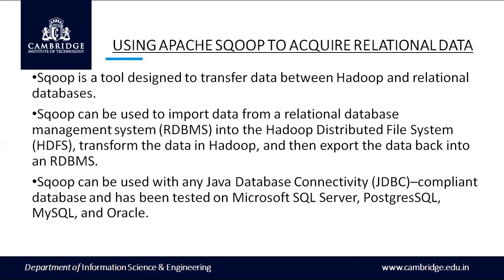Data importing can be done from a relational database management system, RDBMS, into the Hadoop distributed file system, transform the data in Hadoop, and then export the data back into the RDBMS. So these are the two methods, Sqoop import and Sqoop export. Also, it can be used with any JDBC compliant database.